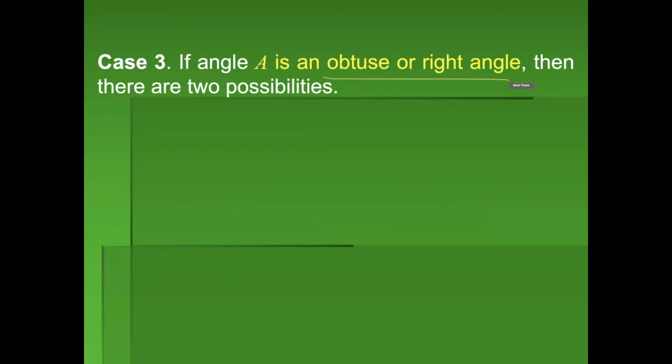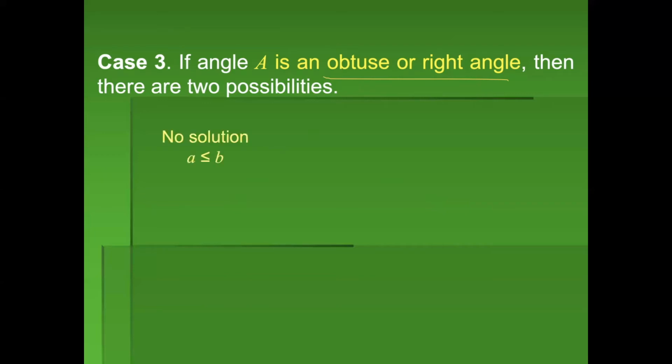Unlike with case 1 and 2, where we are both dealing with an acute angle, in case 3 we now have an obtuse or right angle. In that case, we have two possibilities.